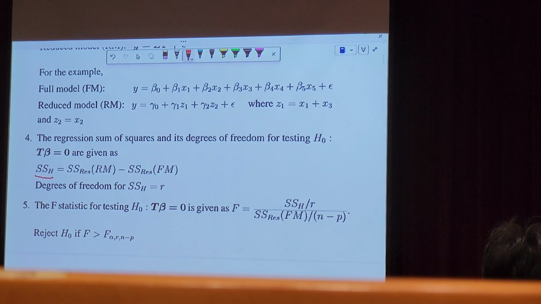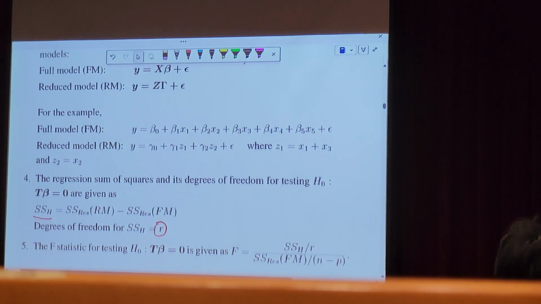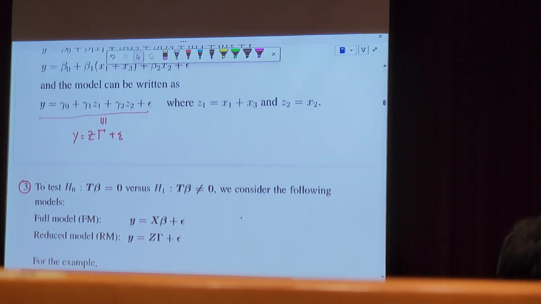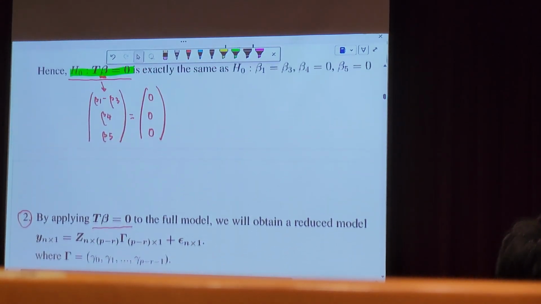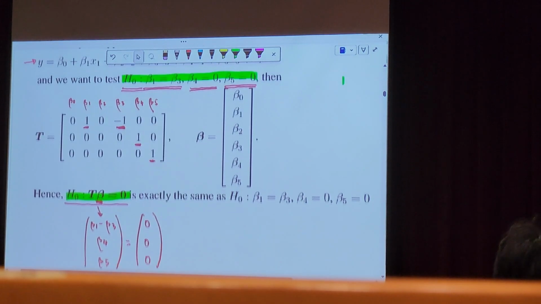Yeah? It's just like the extra sum of square method, right? It's the same. And the degree of freedom is R. The degree of freedom, look at this carefully. This is R. R, where did we get R? It's the number of constraints on beta that we are trying to test.